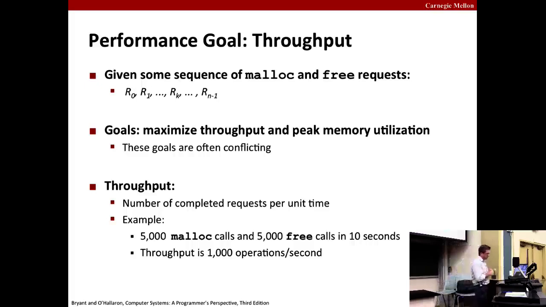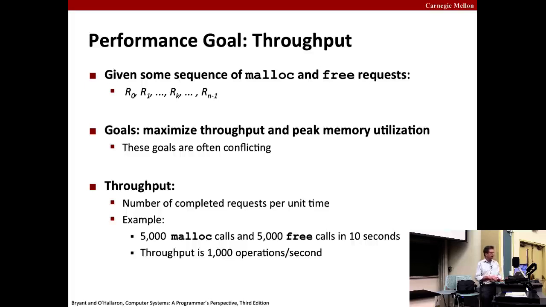Okay, so now we define these speed and memory efficiency metrics. We have two metrics that we use. One is called throughput.